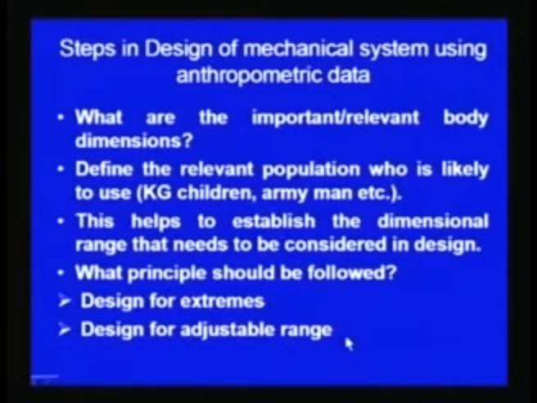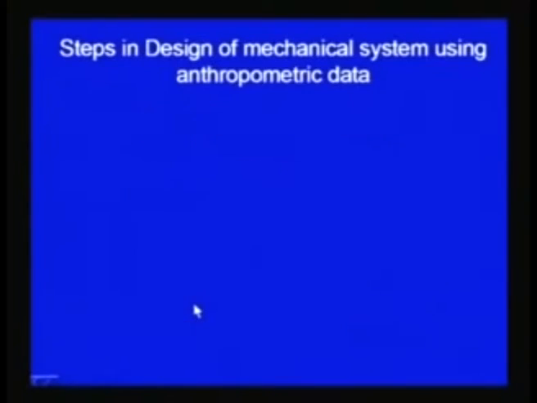The design for adjustable range is about the use of a particular device by people of varying anthropometric data, while the design for averages means this principle is used when there is no fixed targeted population who can use the given engineering system. So, these principles will be discussed in detail one by one.